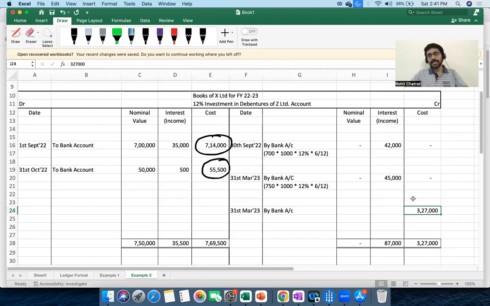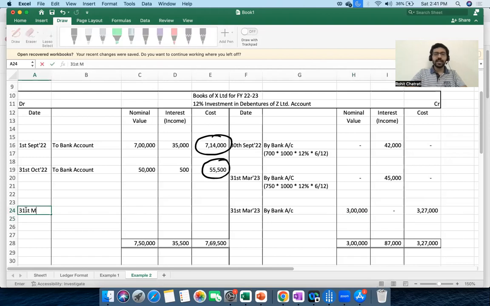And we will recognize the nominal value. I sold 300 debentures multiplied by a nominal value of 1,000. I will recognize the nominal value in the nominal value column. In the interest column, I will not recognize anything.